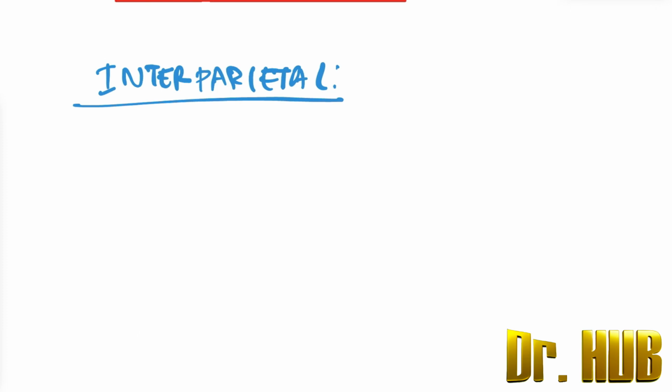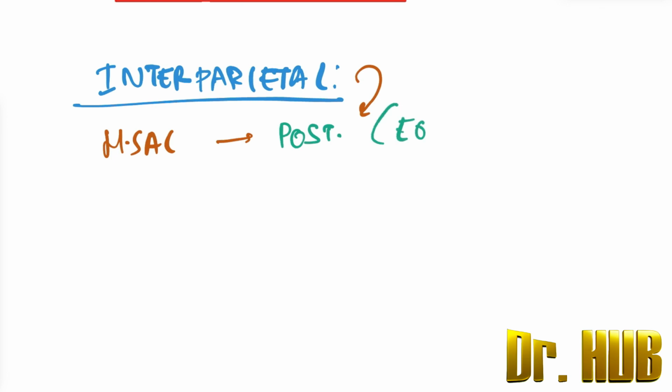Interparietal means the hernial sac is dissecting posterior to the external oblique aponeurosis. So this is the hernial sac which dissects posterior to the external oblique muscle aponeurosis.